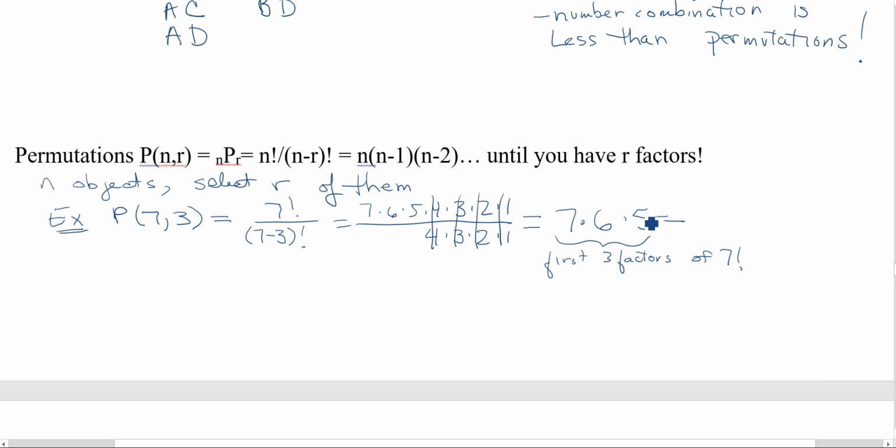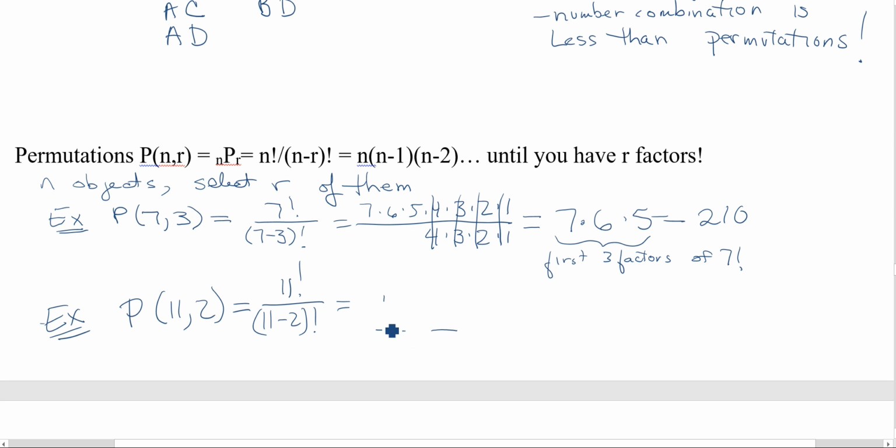And so that would give me 30 times 7 is 210. Another example, if I wanted permutation 11 objects, choose 2, I could look at 11 factorial over 11 minus 2 factorial and work it all out. Or I could say that I'm going to have the first 2 factors of 11 factorial, which gives me 110.